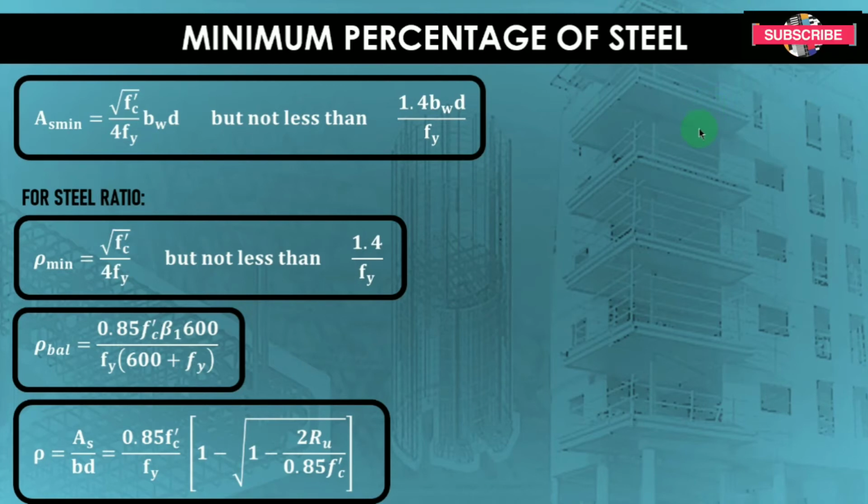Medyo mahirap yung bagong code ngayon, no? Mas madali sana kung meron siyang gano'n, 0.75 of rho balance, kasi may fixed na tayo na quantity ng ating rho max. But the 2015 NSCP natin is medyo mahirap na kasi walang ini-indicate na fixed value para sa ating rho max. So nagbabase lang talaga siya doon sa ating tensile strain, yung epsilon t natin. Okay?